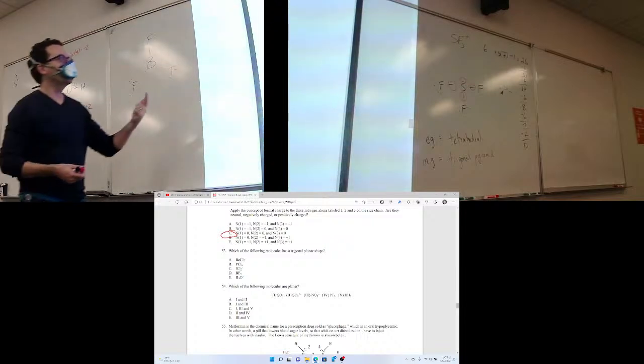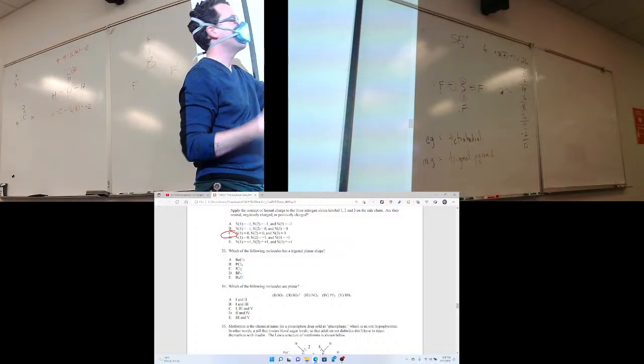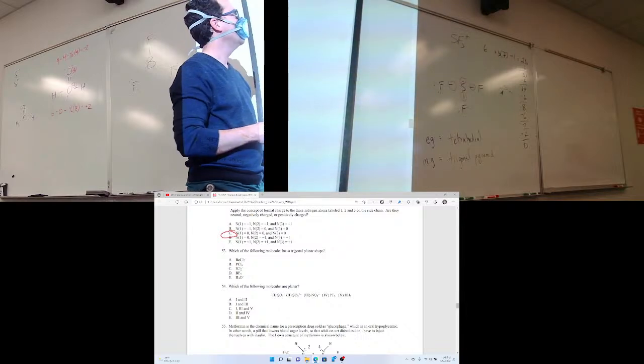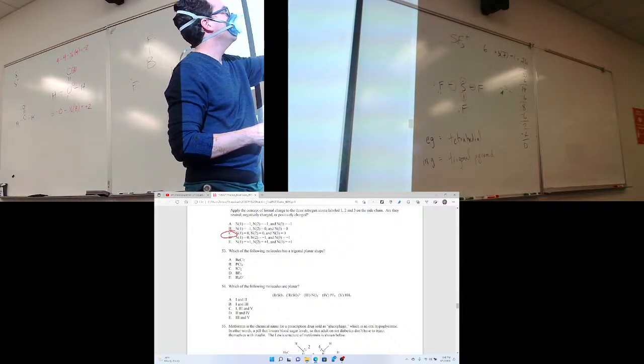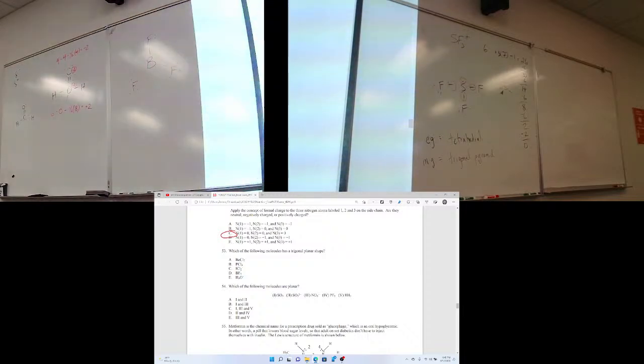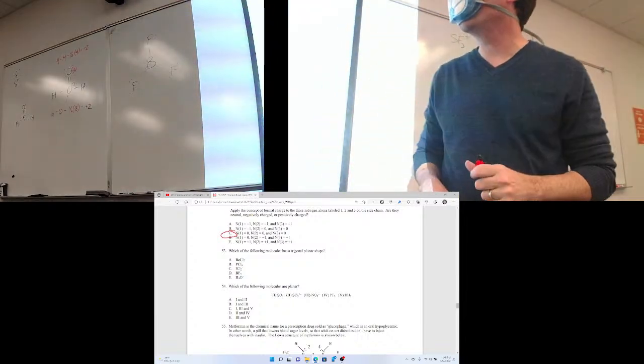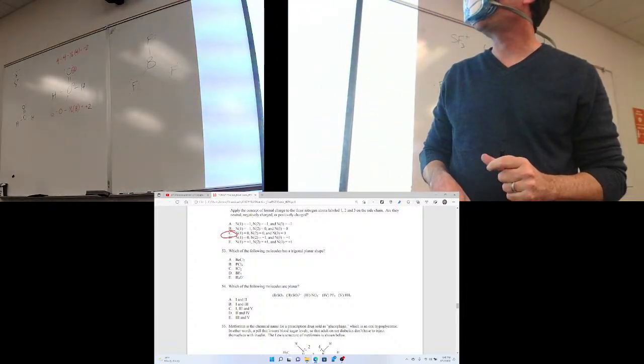You can throw the linear ones out. That one's linear because there's only 2 atoms stuck to that middle one. So again, we're talking about the molecular shape. The rest of them are more complicated.